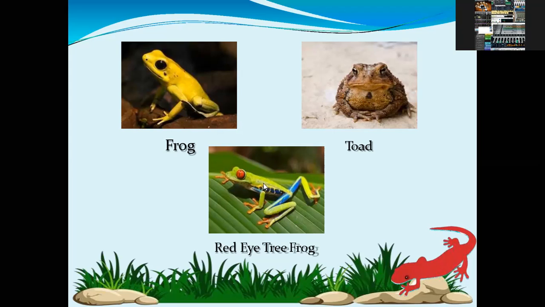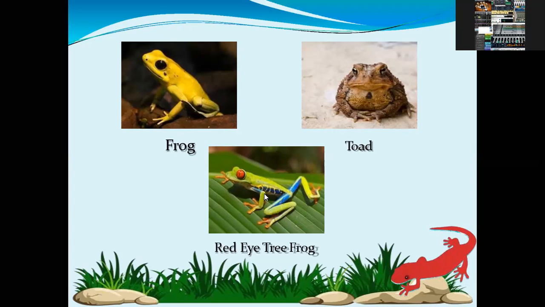Look here. Here is another frog type. It is called the red eye tree frog. Most of the time it remains on trees. This frog lives in trees and feeds on insects and butterflies which come around the tree.